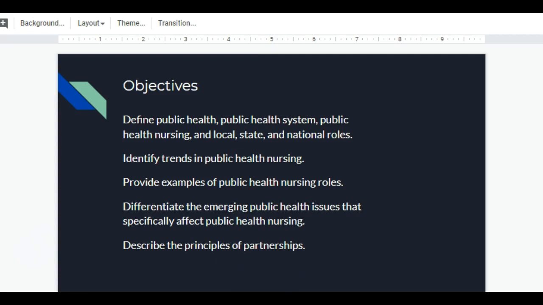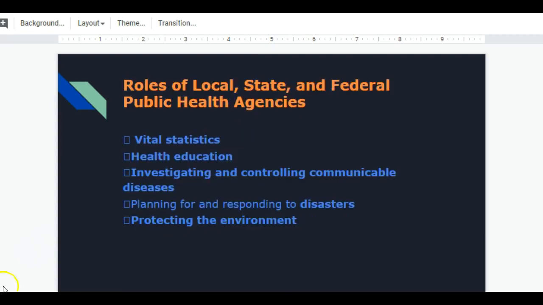I'm sorry, that went back to objectives. I'm going to this slide now. This slide is going to talk about the roles of local, state, and federal public health agencies. So what are these roles that local, state, and federal public health agencies need to be fulfilling? Number one, agencies need to make sure they collect and analyze vital statistics.